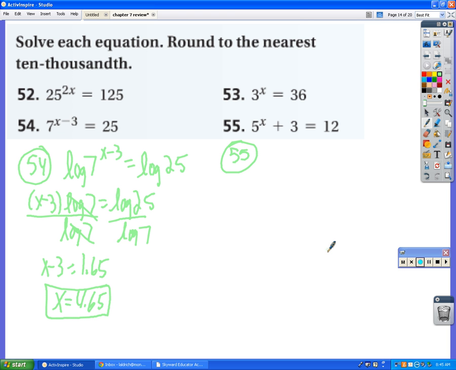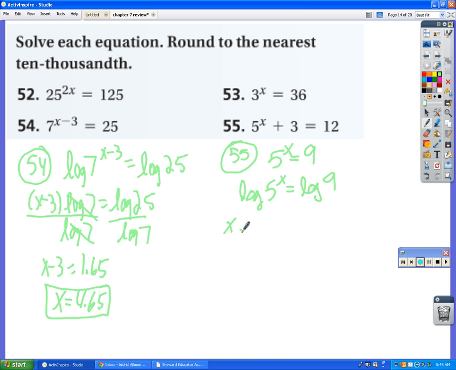Okay, what do I do first here? Minus 3. Basic algebra, come on. So 5 to the x equals 9. Log it. Then log it. Then what?